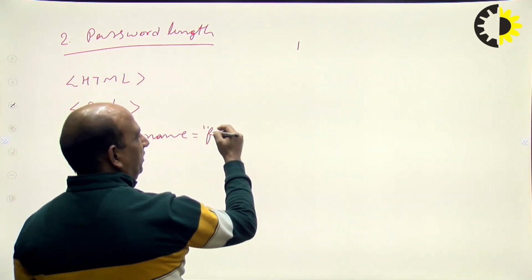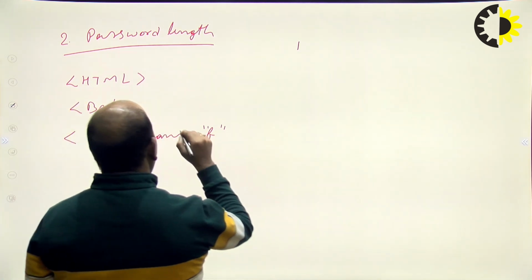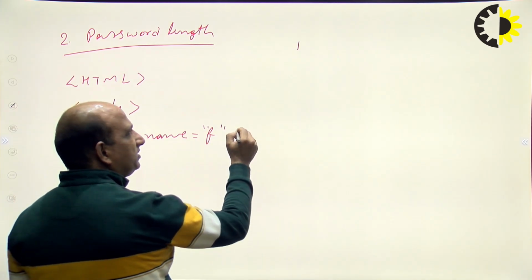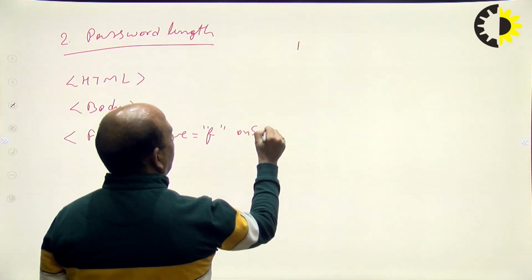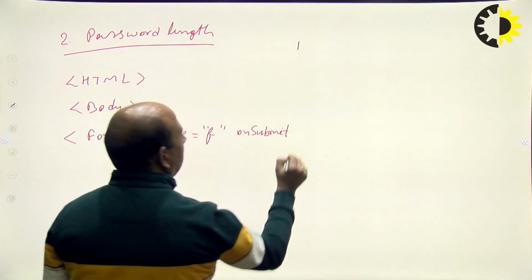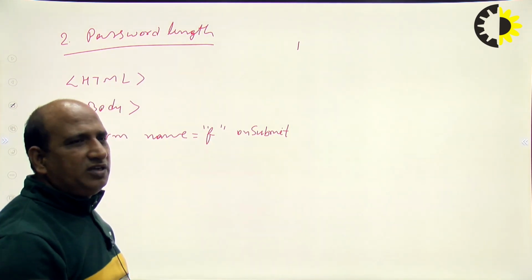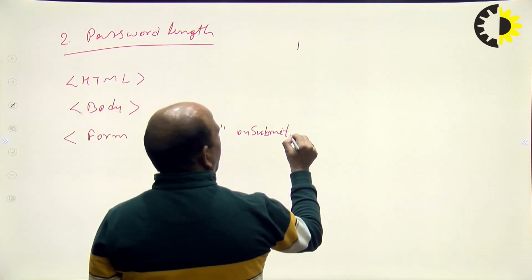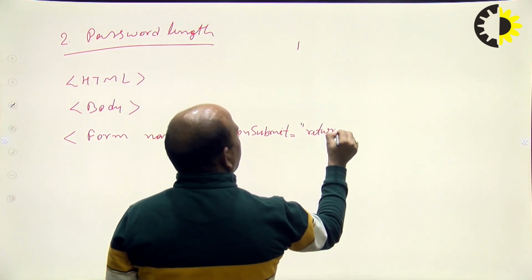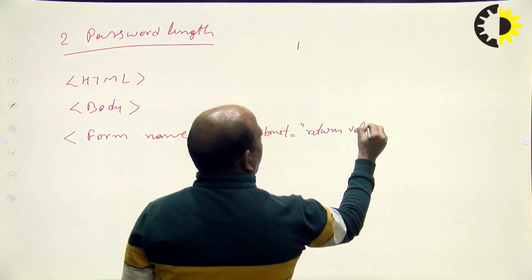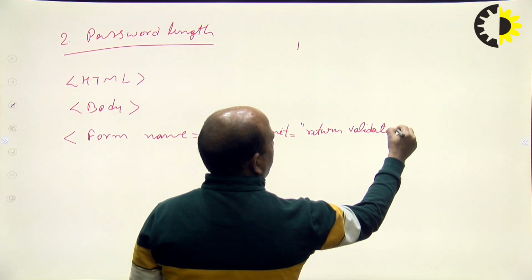I have already told you, on submission of a form, the onsubmit event is generated whenever you click on the submit button. So onsubmit I am calling a function, return validate, and that we will create in a minute.